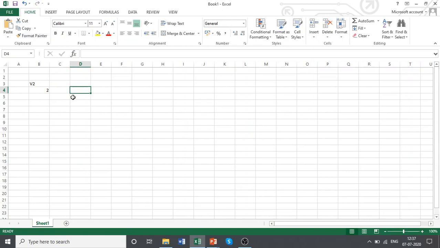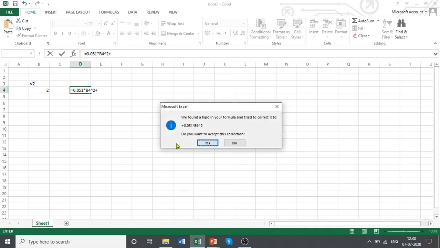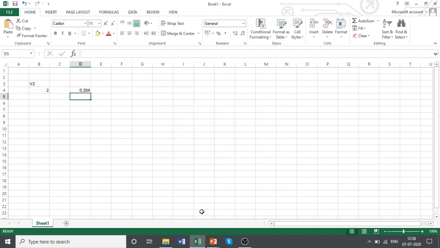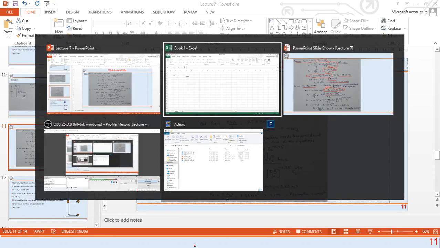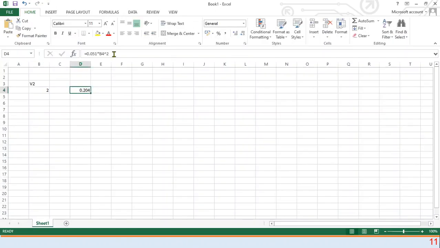So I'm going to put in a formula. We have 0.051 multiplied by V2 square, plus 2.027 multiplied by V2 raised to 1.75.